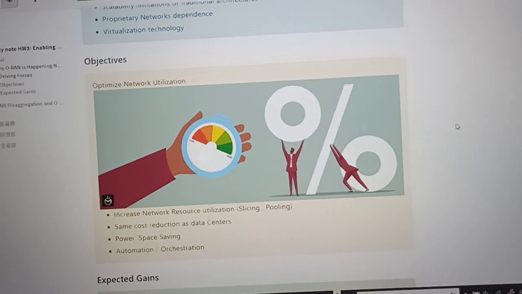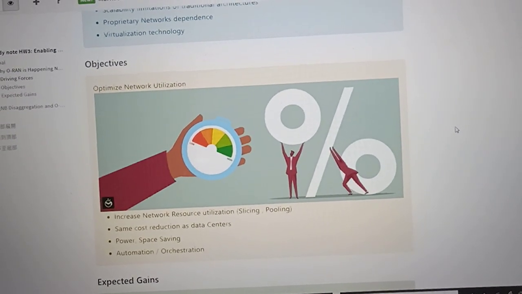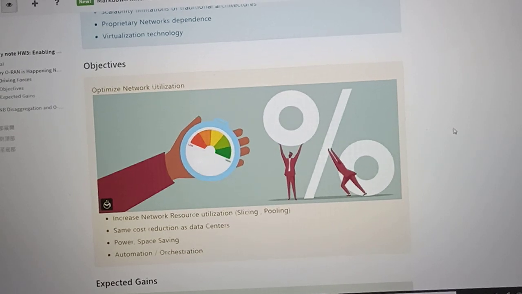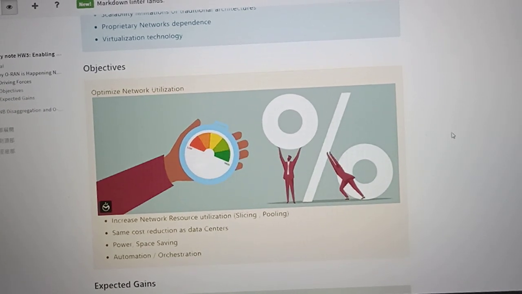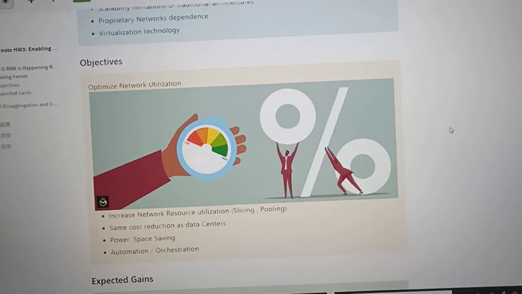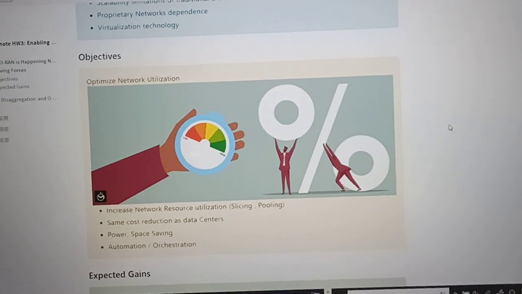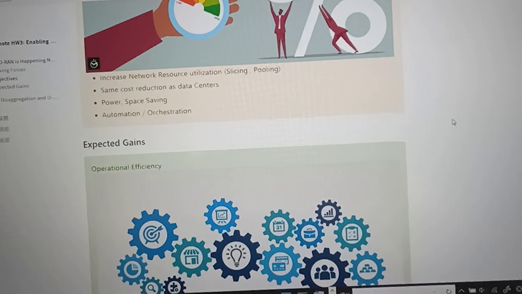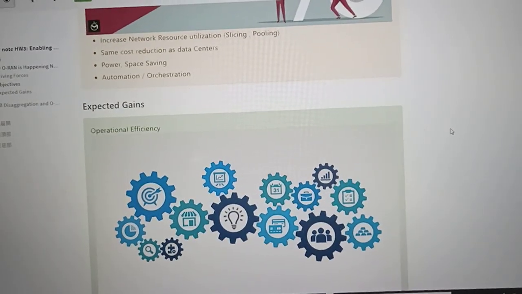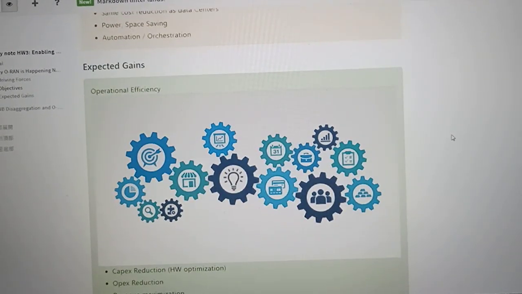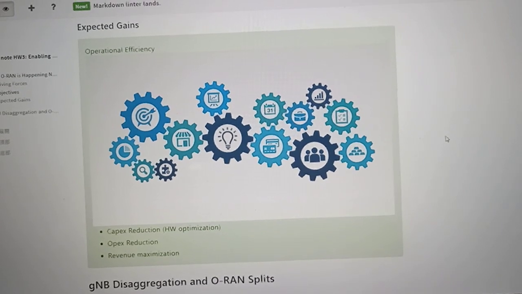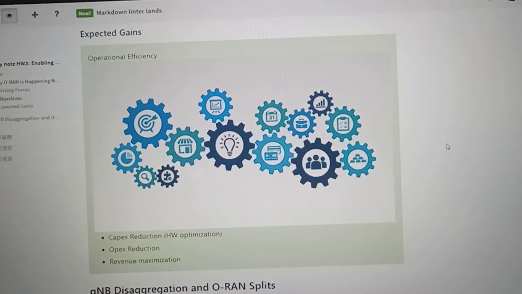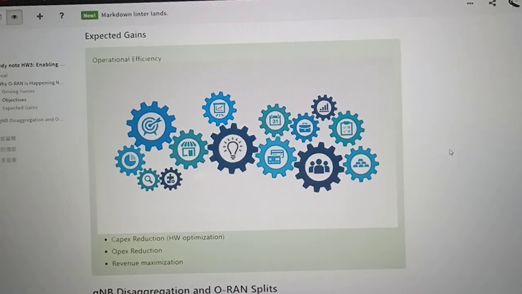Final is automation, or you can call it abstraction. And then we expect some gains in operational efficiency.